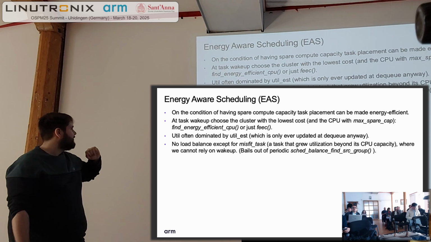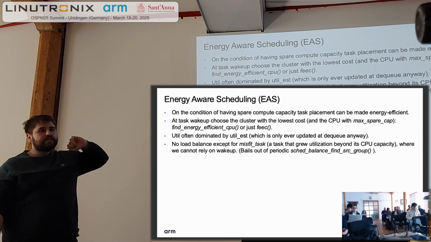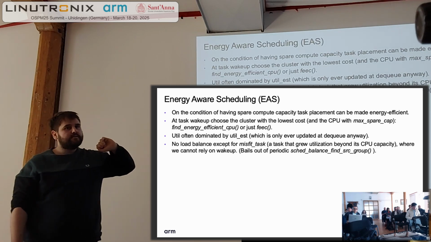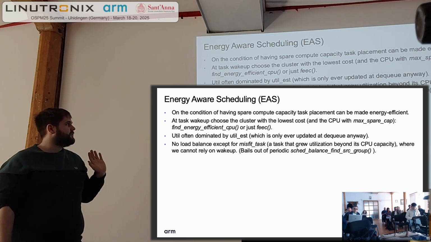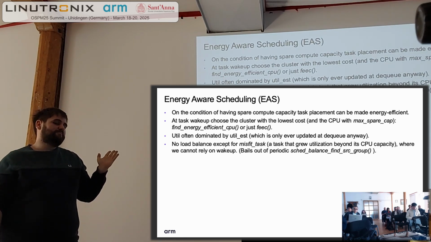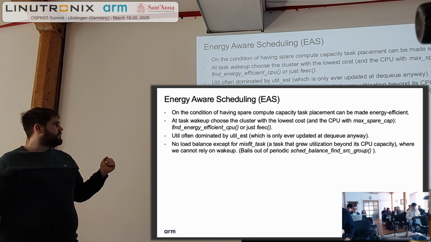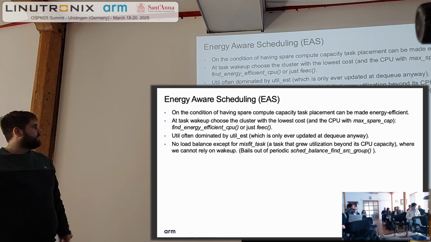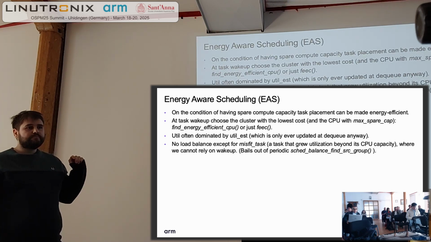Yeah, right. The util, I usually just say util. It's often dominated by util_avg. Essentially, if it isn't, the task's compute demand is bigger than it has been in the past. A bit oversimplified, but yeah, util_avg is only updated at dequeue.